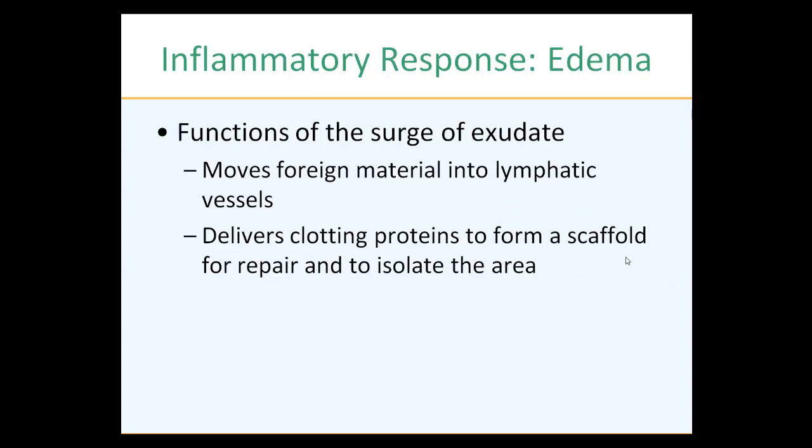So again, why do we have this kind of exudate or flushing of the tissue? You're going to be moving the foreign material into the lymphatic vessels. You will deliver proteins, whether they are antibodies, or complement proteins, or natural antibiotics that you have, or clotting proteins like fibrin.